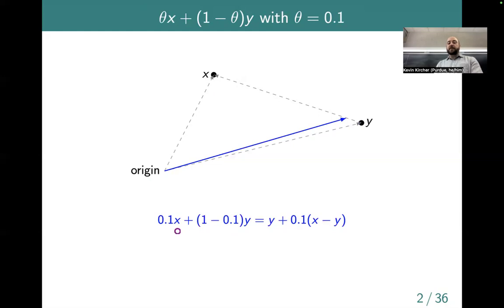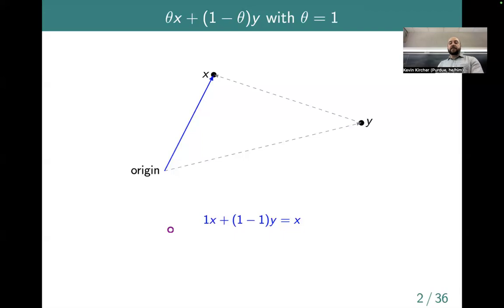Then as we increase the weight on x, we begin to move along the line segment between x and y. Here we're showing 10% x and 90% y. Here a 50-50 mixture. Here a 90-10 mixture where 90% of the weight is on x. And if we have theta equal to 1, we get all the way to the vector x. That illustrates geometrically the formula for line segments in R n.